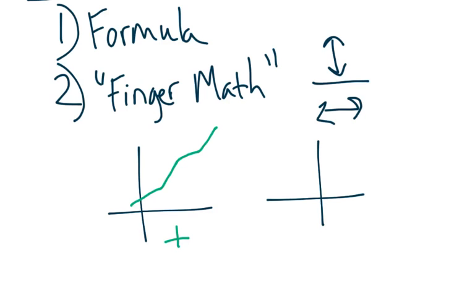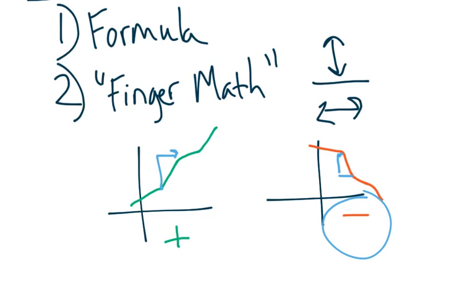But if we have a graph that looks more like this, where it's going down, down, down, down, it's going to be negative. So you can still use the principles of finger math where you see how far up I've gone here, how far over I've gone there, but just know that your answer will be a positive fraction. Whereas if you do the same thing here, down and over, you're going to have a negative answer.